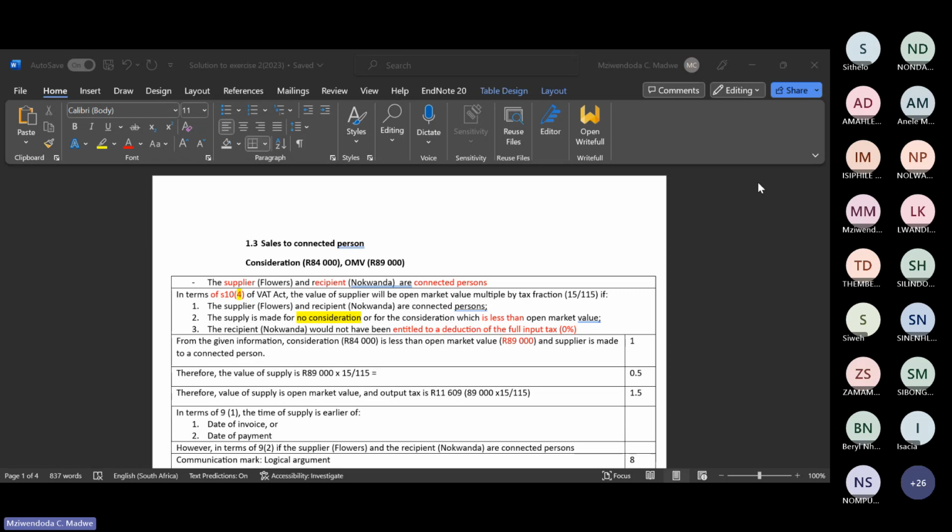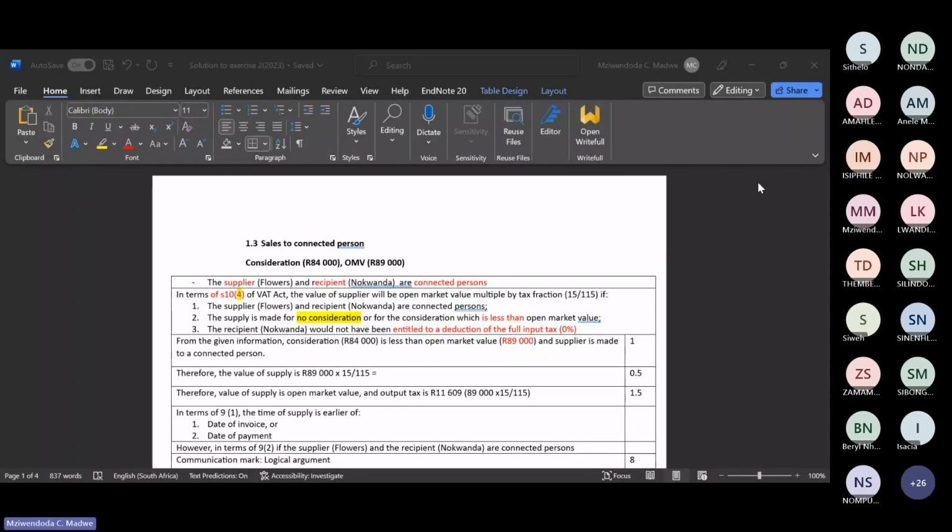Okay. So if he was registered as a VAT vendor, we are going to ask how much he is going to claim. The first thing we have to ask is whether Nogwanda is able to claim the full input tax. It should be indicated in your question that Nogwanda is able to claim the full amount of VAT.